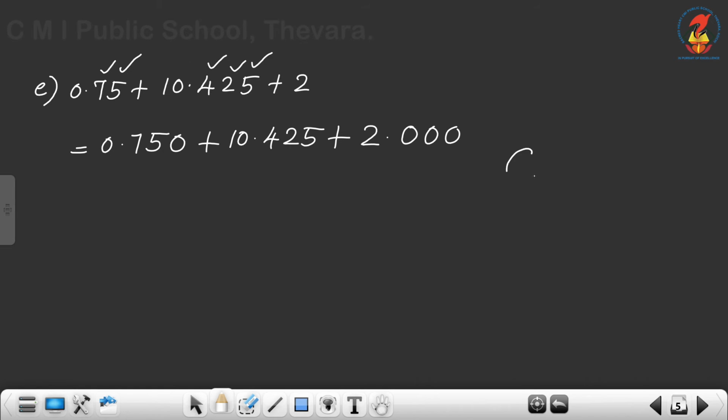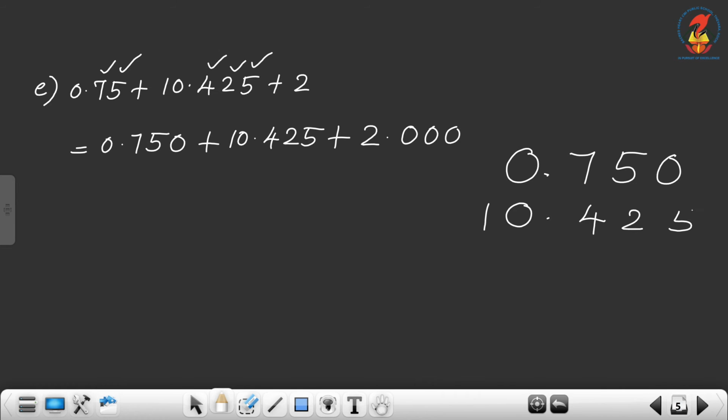Now we have to write 0.750. Write the next number under the first one. So 10.425. Then 2.000.